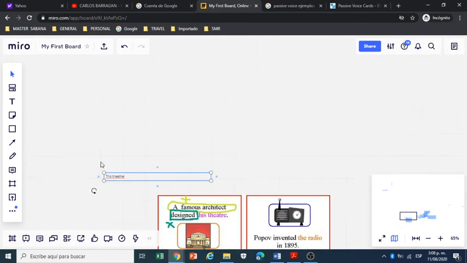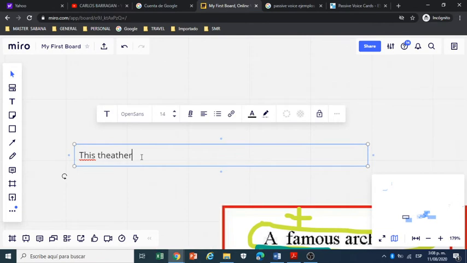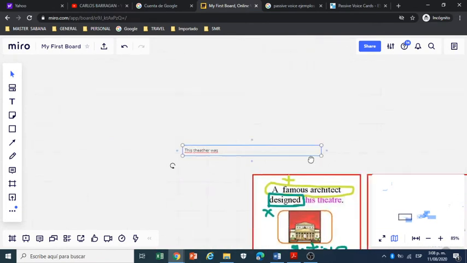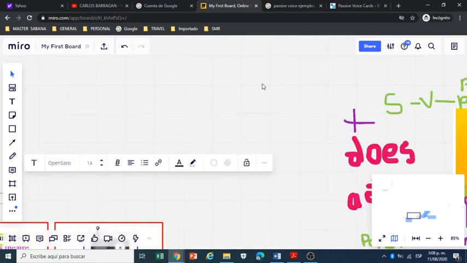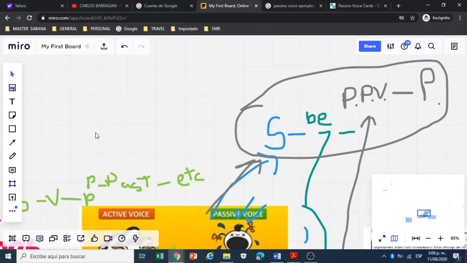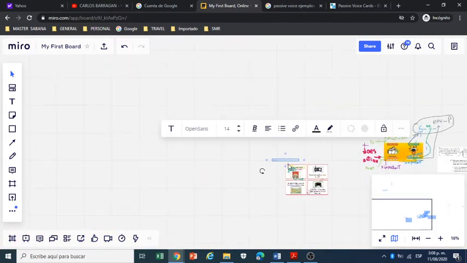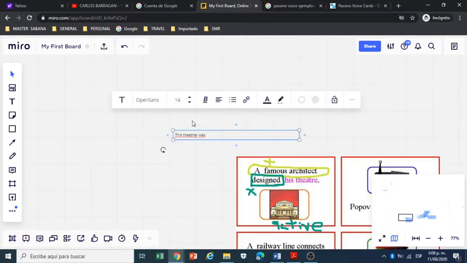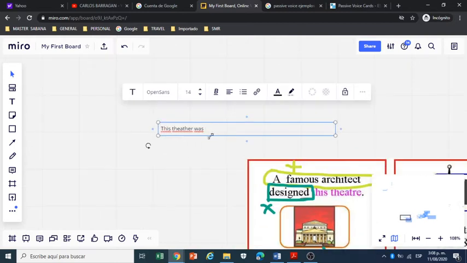Okay, what is the verb to be in past for this theater? Was. Okay, was, and the past participle of the verb. Which is the past participle of this verb? Design. The same. Was designed by a famous architect.